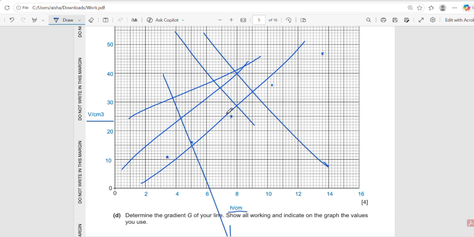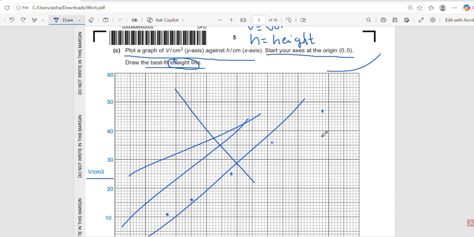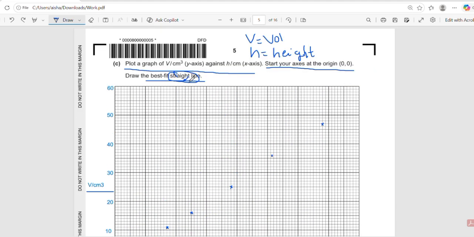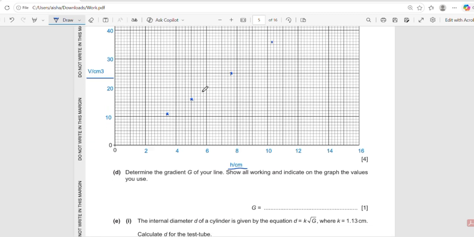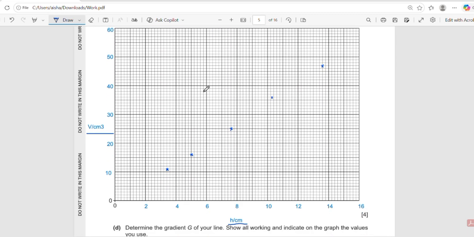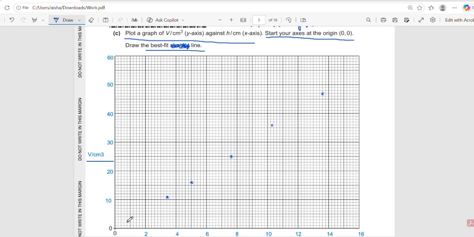Now if they don't say anything, they just say draw the best fit line, then you have to follow the pattern the points are showing. For example, if the graph shape is like the one shown in the plotting, then this looks like a best fit straight line. You just have to draw it through at least 2 to 3 points.